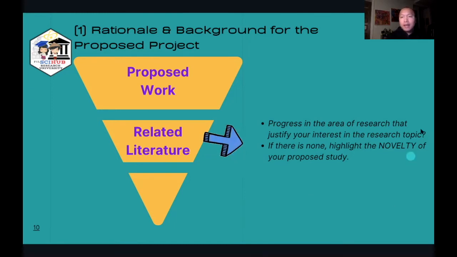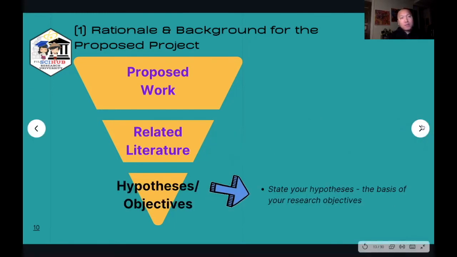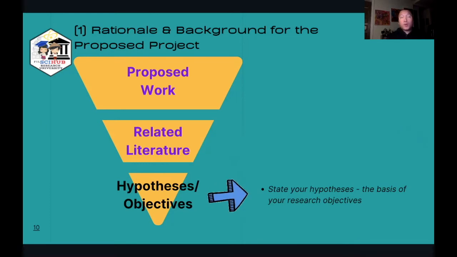Okay, and then the last part of the rationale or the background is the hypothesis or the objective. This is the part where you talk about your hypothesis. Essentially, your hypothesis is going to be the basis of your research objectives. If you notice, I have actually organized these elements of the rationale and background using an inverted triangle.